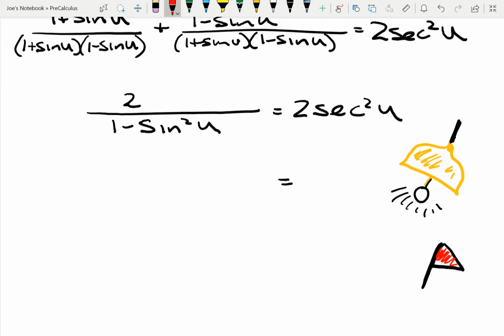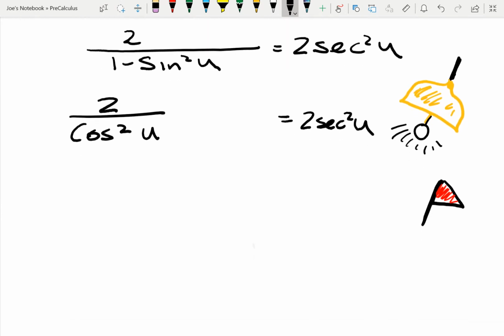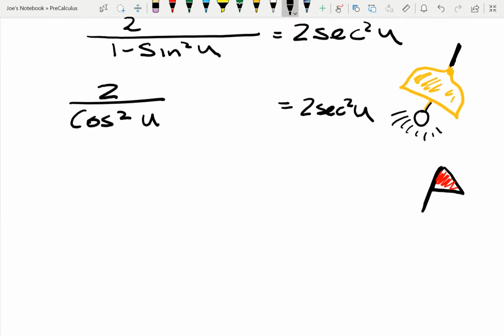So we've got 2 over cosine squared. Oh, u, not theta. Now, it probably goes without saying, but I shouldn't assume. 2 over cosine squared is the same thing as saying 2 times 1 over cosine squared.